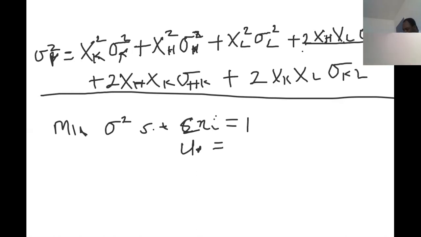So the question is minimize variance of the portfolio subject to your weights summing up to 1. And when you're also given a portfolio return constraint, like the one that we had in the bonus exams, okay. Now, you are saying minimize your variance, but what is your variance? You are supposed to know your variance. And that's what I'm writing here. So this is the variance. Is it clear? Yeah, it's clear. Thank you.